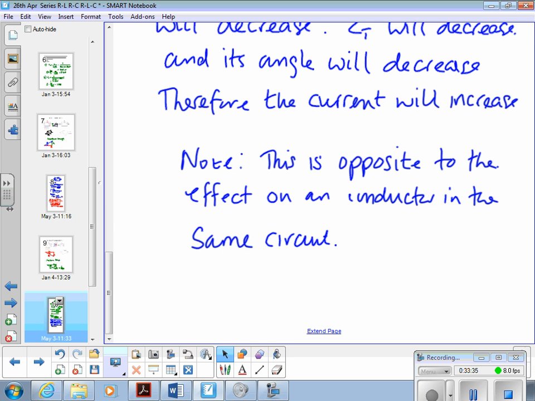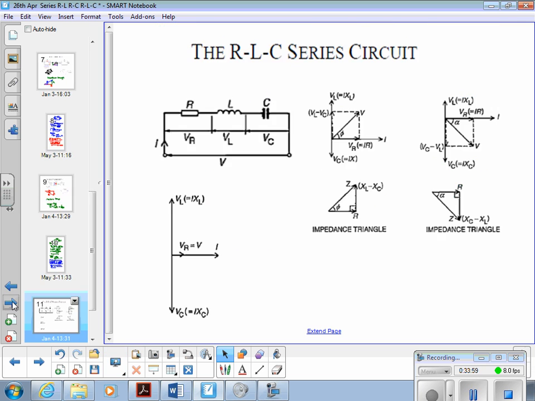So you'll make a band pass filter, a low pass or a high pass filter. All right. So there are a variety of uses of the fact that these capacitors and inductors work in opposite directions to each other as frequency changes. So let's have a look then at a circuit where both are involved.